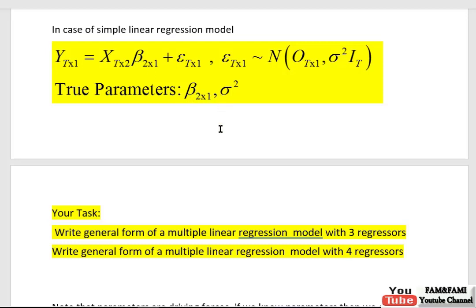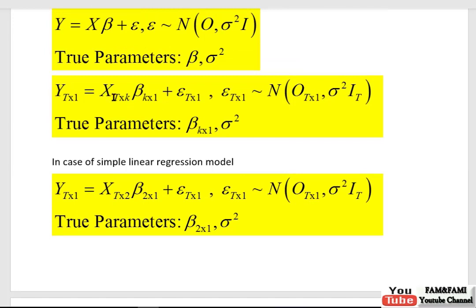And similarly you can write a multiple linear regression model with any number of regressors. If you have k regressors, then of course this, and if you have 10 regressors, then of course you need to replace this k by 10. So t by 10, and there will be 10 betas, so it will be 10 by 1, and true parameters 10 cross 1 and sigma square.